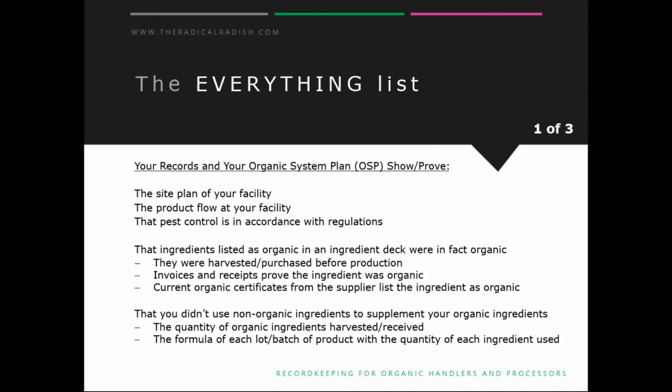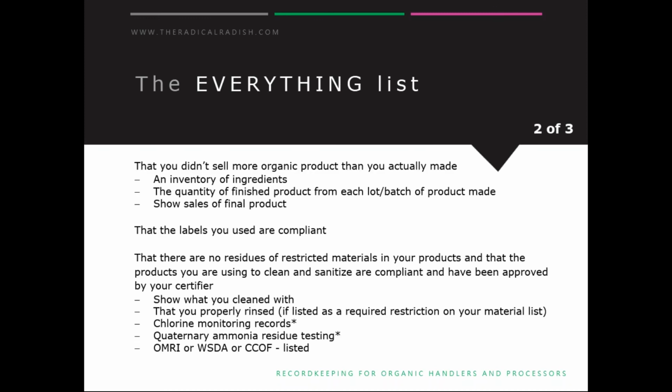You're showing that you didn't use non-organic ingredients to supplement your organic ingredients. You're showing that you didn't sell more organic product than you actually made. How do you do this? You have that inventory of ingredients. You show the quantity of finished product from each lot or batch of product made, and you show sales of your final product. You're showing that the labels you used are compliant.